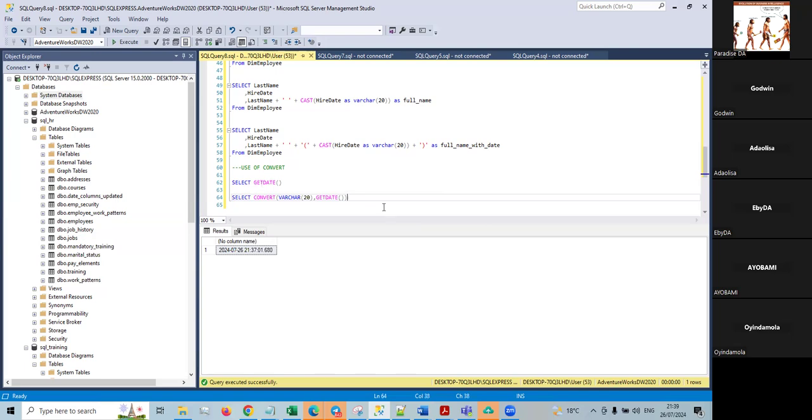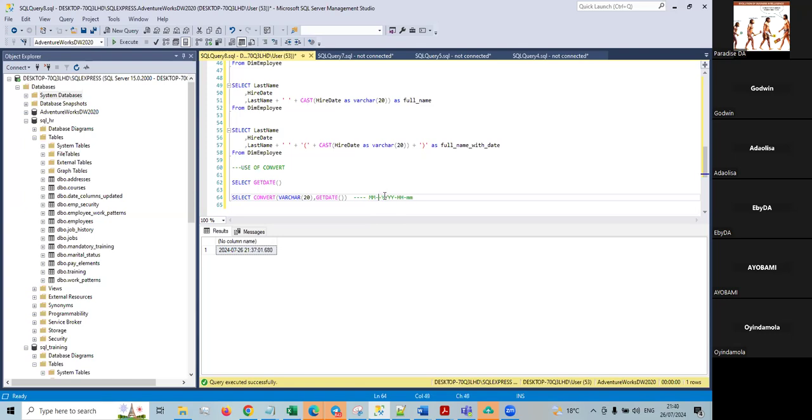This gives us the date in the format month, day, year, hours, and minutes. I think day is DD, small d.